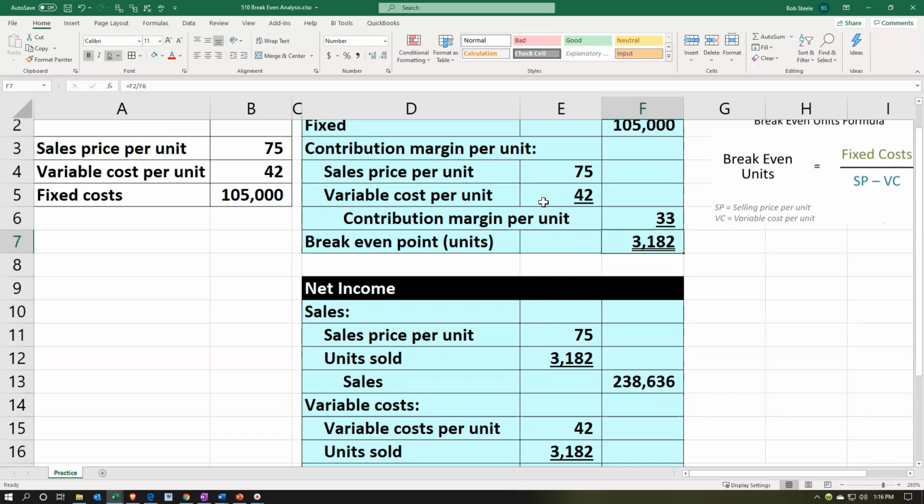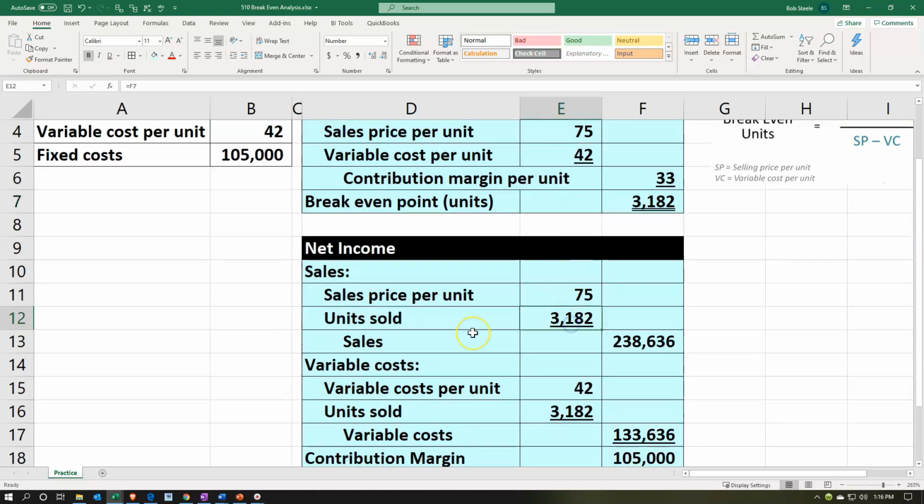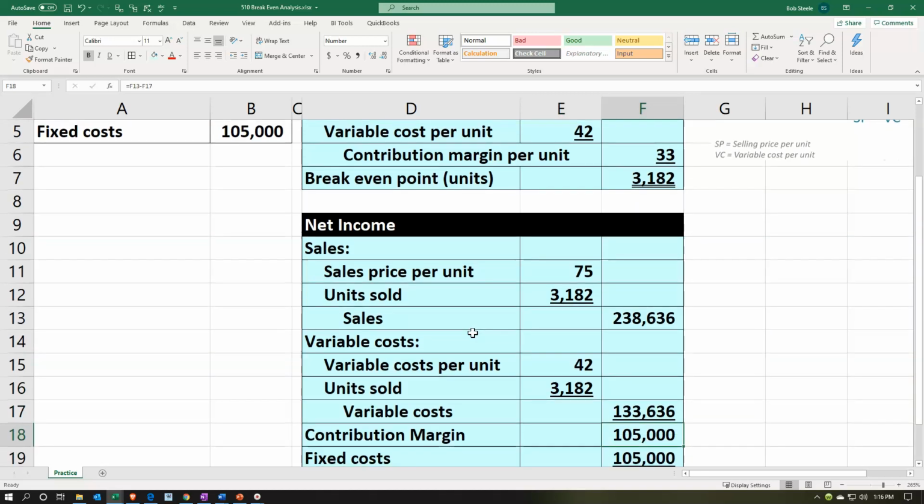Well, let's prove that. If I sell 3,182 units at $75, that's going to give us the sales price here. And if I take the variable costs, which were that 42 times those same units, that gives us a total variable cost here, which if I subtract out gives me a contribution margin.